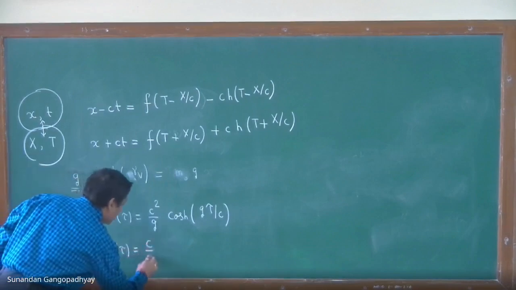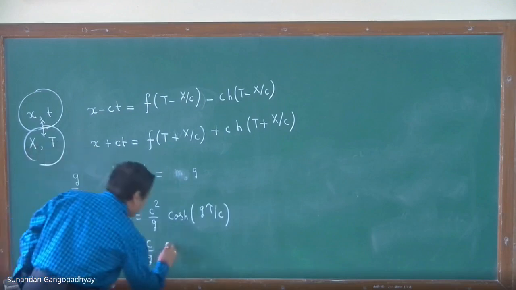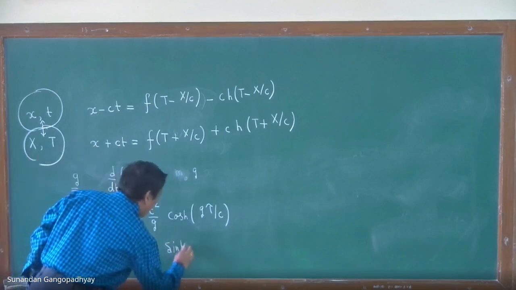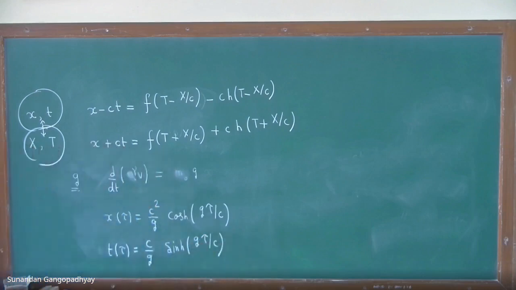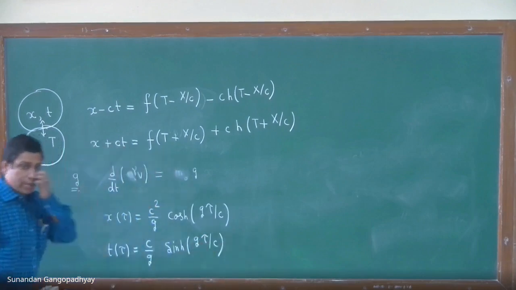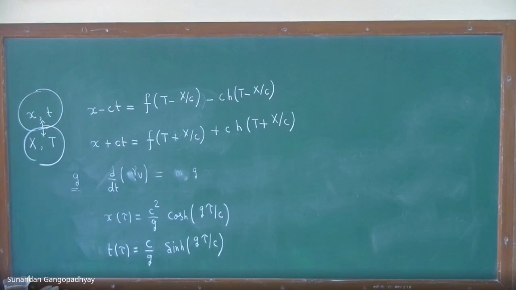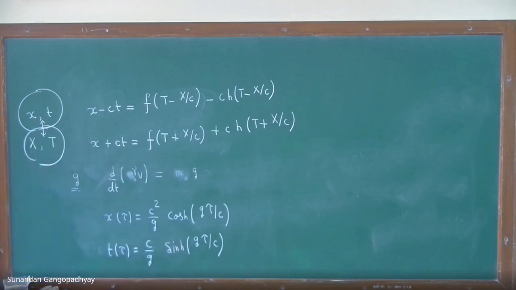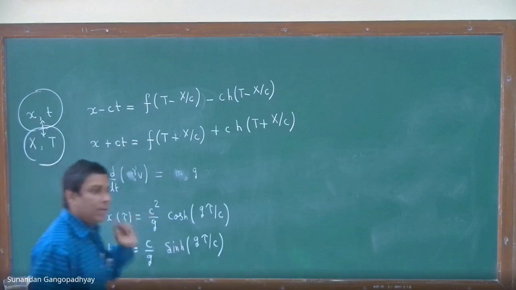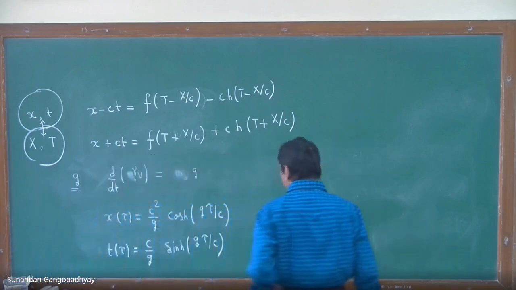So c by g sinh of g tau. So once again we can see that the functional forms that we had assumed in case of an observer moving with a uniform acceleration, the functional forms are these. So that you can calculate problem to problem. If I give you a problem, you can calculate the functional forms.